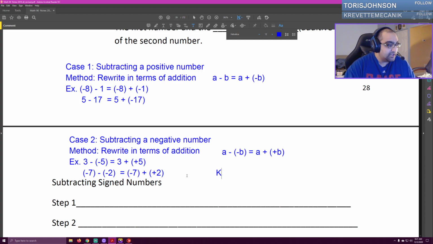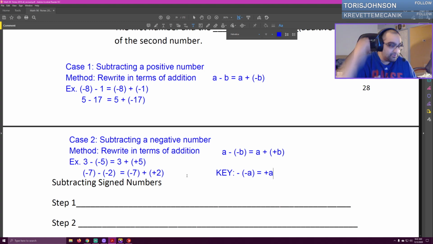The big key to take away from this method is that a negative of a negative is a positive. So I'll write it this way: negative, negative a is equal to positive a. Yep, that's the big key we're using here.